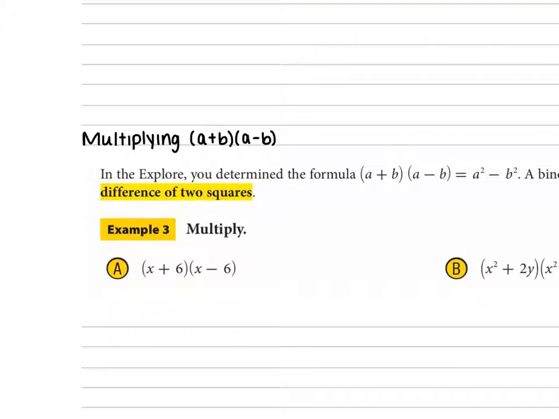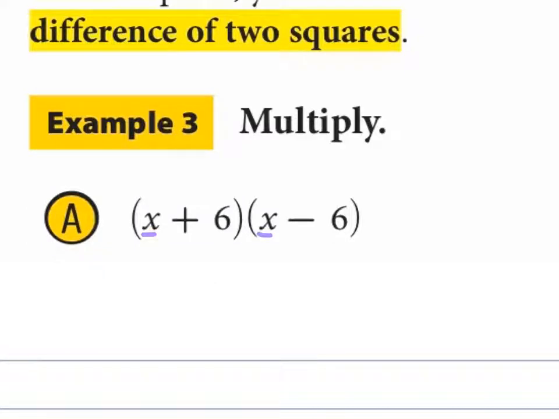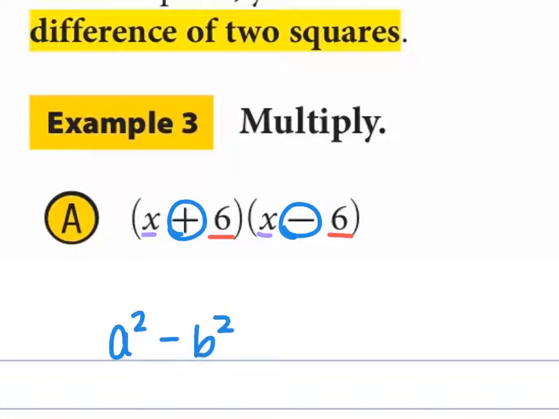When we have two binomials being multiplied by each other and their signs are different, so our a and our b are the same for each set of parentheses, but the signs in between a and b are opposites, we can use the formula a squared minus b squared. So a is the same, b is the same, opposite signs, we can use a squared minus b squared.